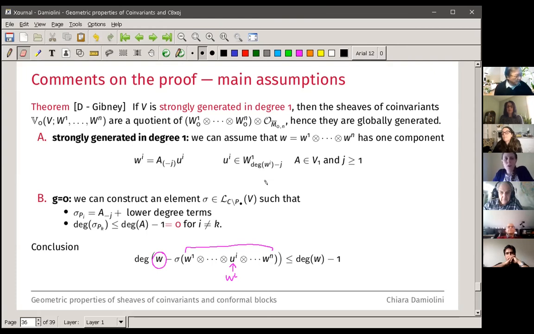But to go through this proof, to use this induction method, the idea is really similar to what Ueno does: I can always rewrite one of these elements as something times something of lower degree, and this starts the induction. We can do this, but if we don't have degree 1, then we cannot conclude the induction.